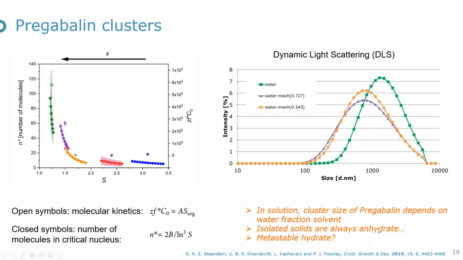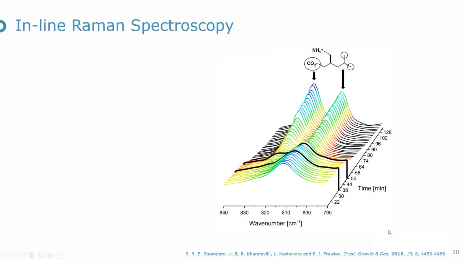But then still, how is it possible that we still obtain an anhydrous form as shown by XRPD? So an additional measurement is what we did in this case, namely with Raman spectroscopy. So we followed the process by inline Raman. Here you see the graph of it. So we looked at this particular wavelength window.